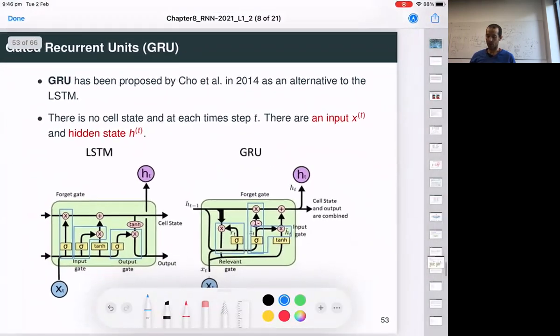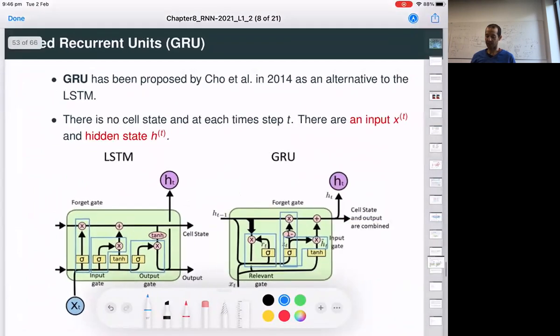There are some extensions in 2014. So now I hope you have understood the main idea: instead of using a simple gate, the LSTM has different gates inside the node.